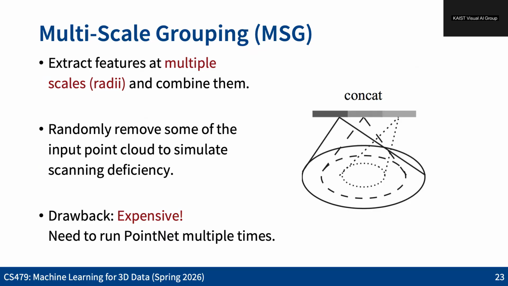Another option is to take one radius, and every time there are too many points, you remove some points randomly. Yeah, that's also one thing that you can do. We take a bigger ball, and if we have too many points, we can sample some of them so that we have a cap on the number of points.